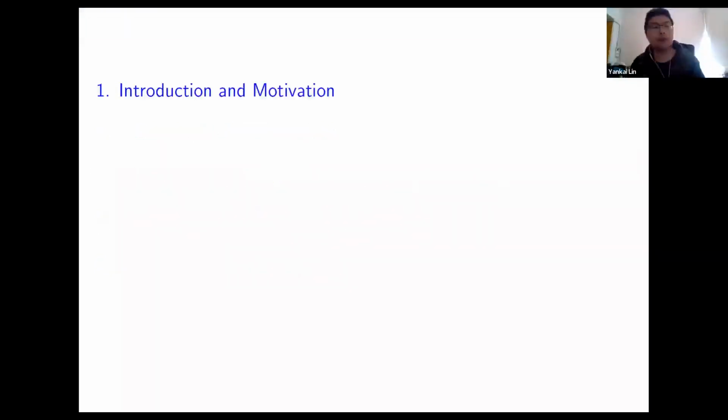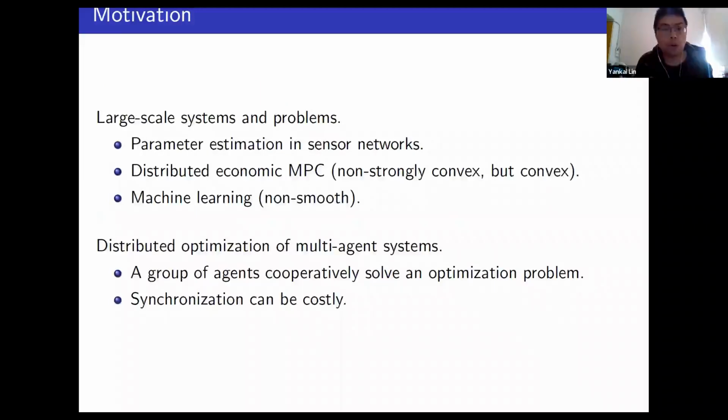So first, the introduction. Nowadays, many systems are large scale and networked. For example, in parameter estimation in sensor networks, it can be formulated as an optimization problem. So it's basically a large scale optimization problem.